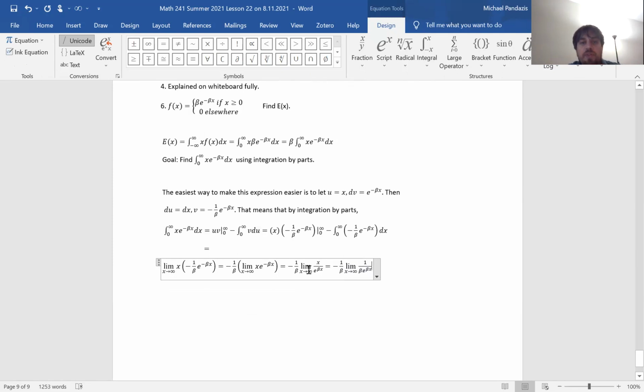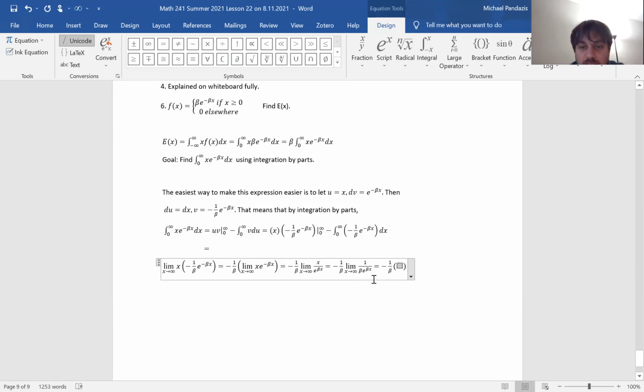It's the limit of the derivative of the numerator divided by the derivative of the denominator, and it meets all the conditions of L'Hopital's rule. The limit of the numerator is a constant, 1. The limit of the denominator is infinity, so the limit of 1 over this is 0. So you get negative 1 over beta times that limit, which is 0.